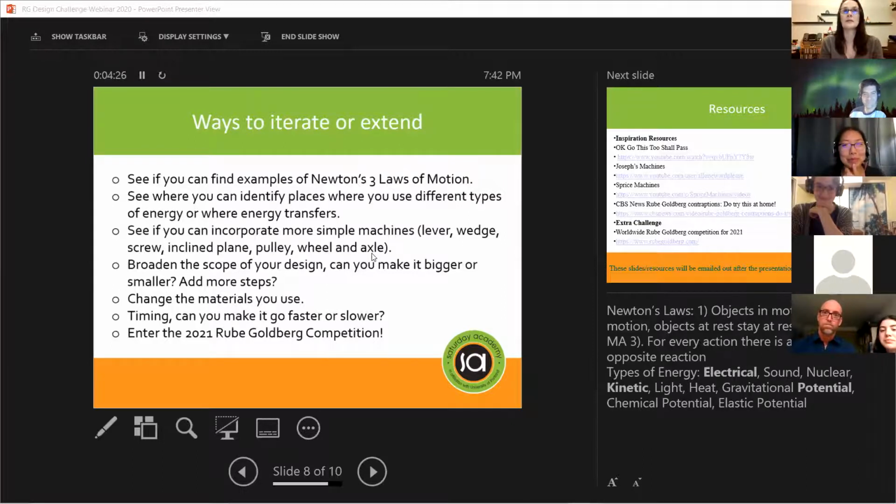If you're interested in finding out more, I have the website coming up here in just a minute. You sign on the website, and it'll tell you the different constraints and how many steps you need and all that kind of stuff, and you can enter. The competition is for students and for families. So if you want to hang out with your family and make one all together, you can do that.